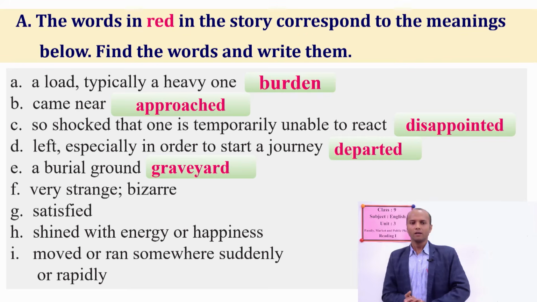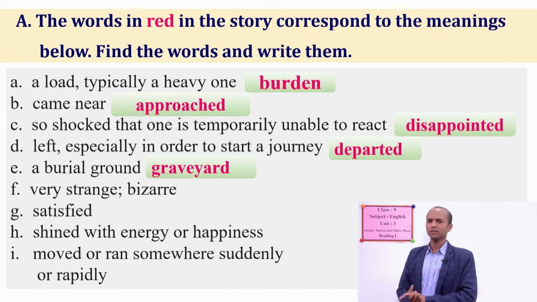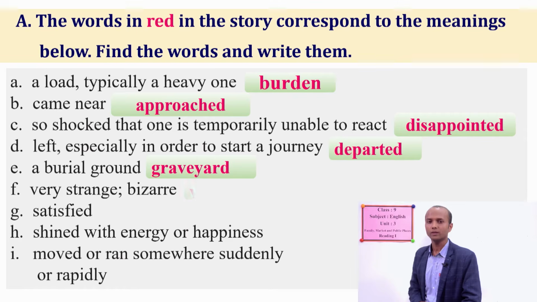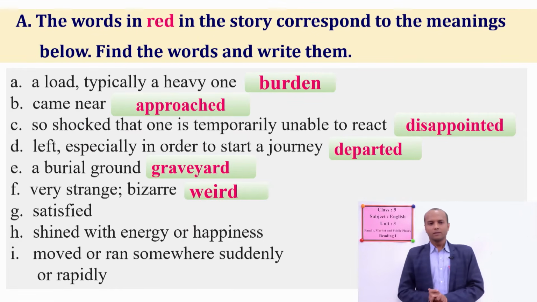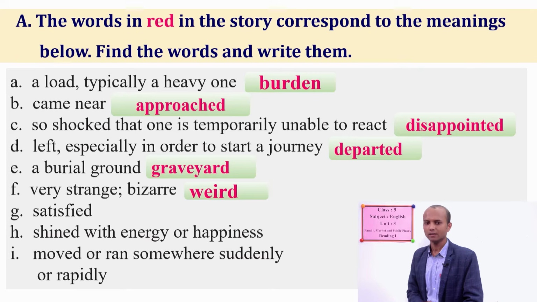Good. Number F, very strange or bizarre. What is the single word or synonym for the word bizarre? Yes, that is weird. Number G, satisfied. Please repeat. Yes, you are correct. This is content.